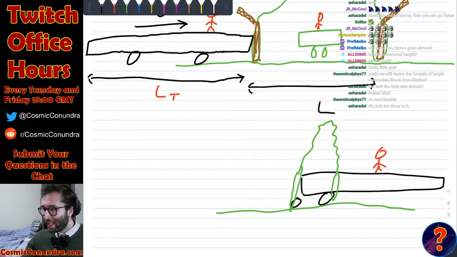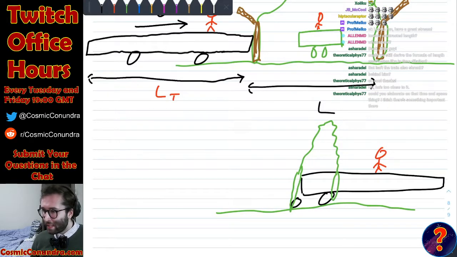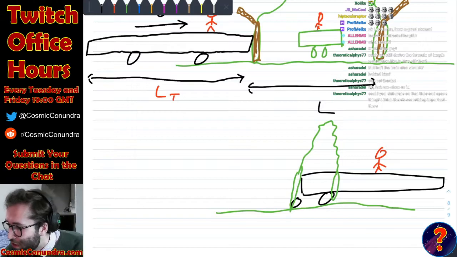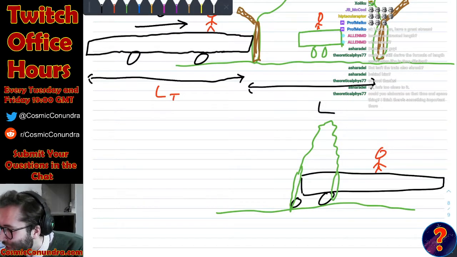It's only when the train is accelerating that you feel something. So if the train is moving at a constant velocity, there's no way of telling that you're on a moving train. You can't tell the difference between not moving and moving at constant velocity.